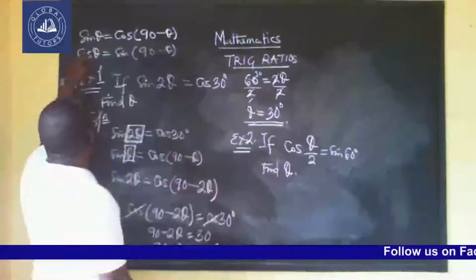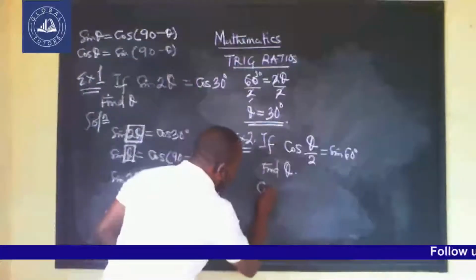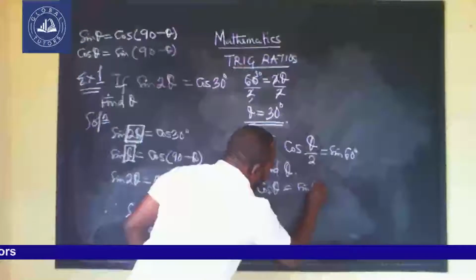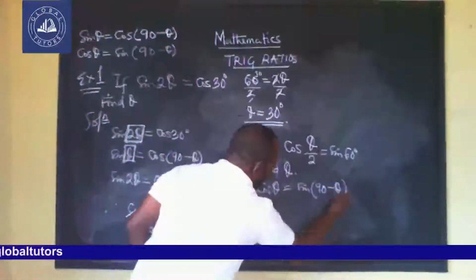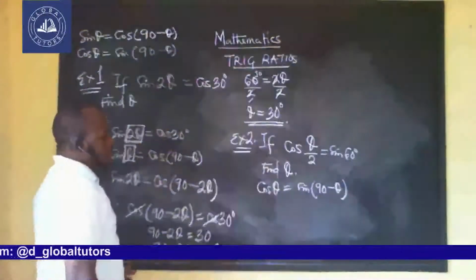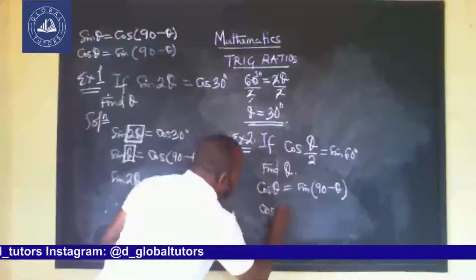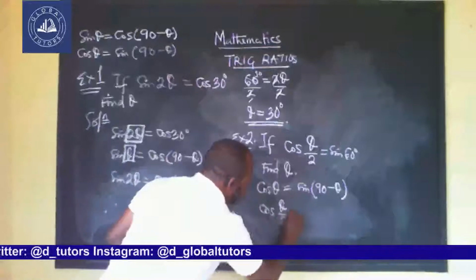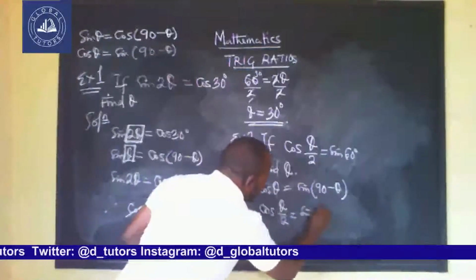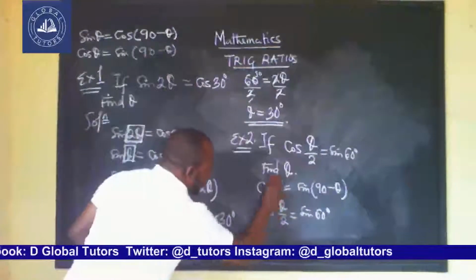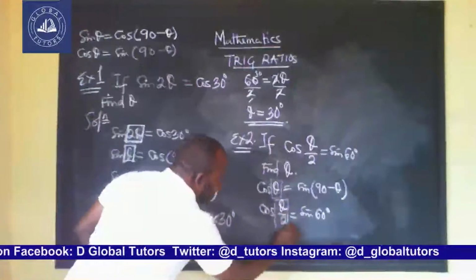What did we know? We go back here. Cos theta is sine 90 minus theta. What are we given in the question? Cos theta over 2 equals sine 60 degrees. This is theta. Everything here is theta.